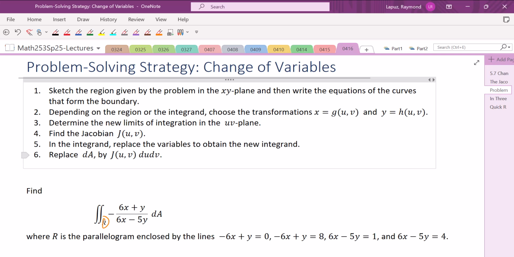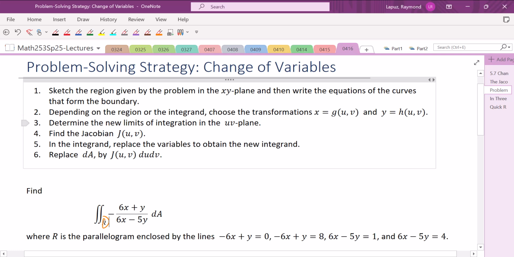If they start becoming curves, it starts getting a lot more difficult to find those transformations back and forth. Not impossible, like, for example, polar coordinates is an example that's not a linear transformation.